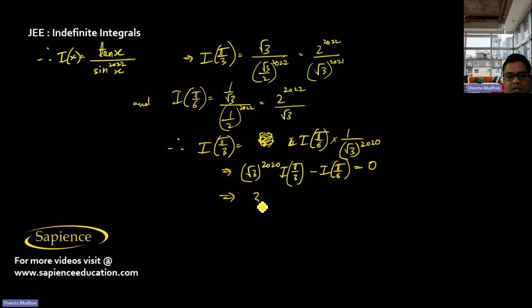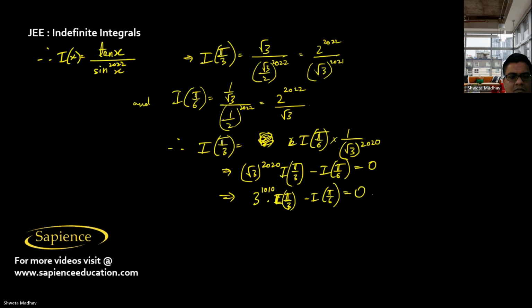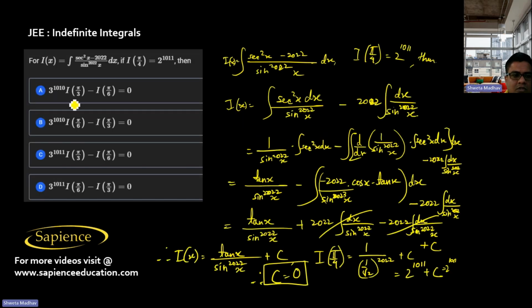Also I can say it is 3 power 1010 into I of pi by 3 minus I of pi by 6 is equal to 0. So therefore option A is the correct answer.